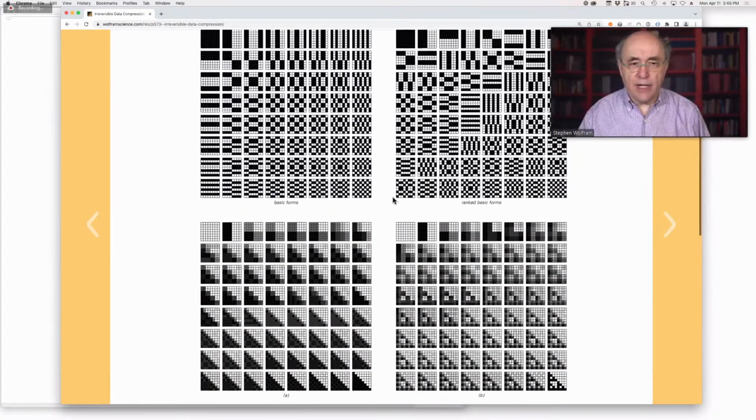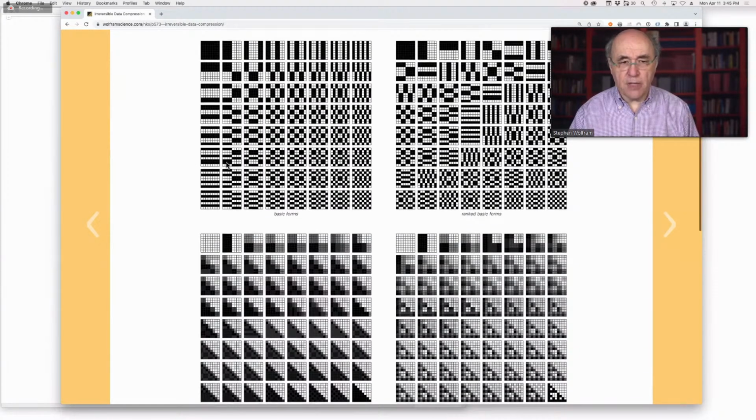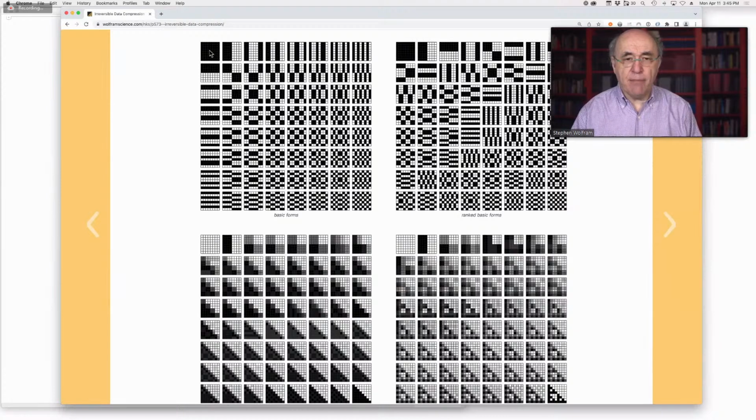So we can ask, for example, if we look at different possible forms of patterns that we might recognize in a particular picture here, we can rank the different forms that occur in these pictures. So this is saying we decompose every picture. This is kind of like a wavelet transform.